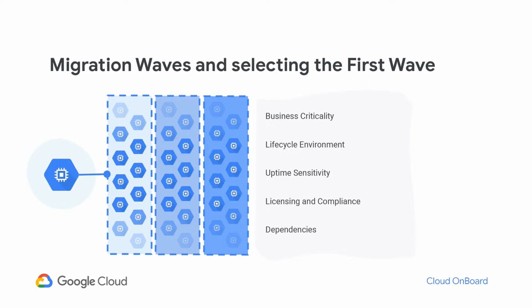We recommend choosing the workloads and systems that are least business critical. The recommendation would be to migrate your entire application development or test environment first, so you know how the process is moving, and then consider your SLAs and uptime requirements from your customer. It's also important to consider your workload licensing and compliance requirements.